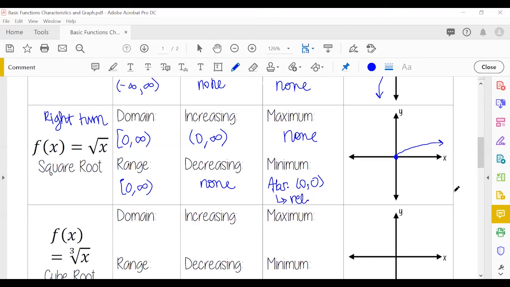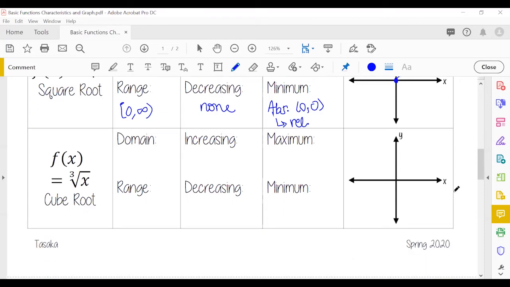Okay, let's keep going. The cube root function is kind of like the cubing function, but a little flipped on its side. We'll see that inverse relationship in the next section. So this kind of goes like that. It's like John Travolta had a little too much to drink at his party and he fell over.